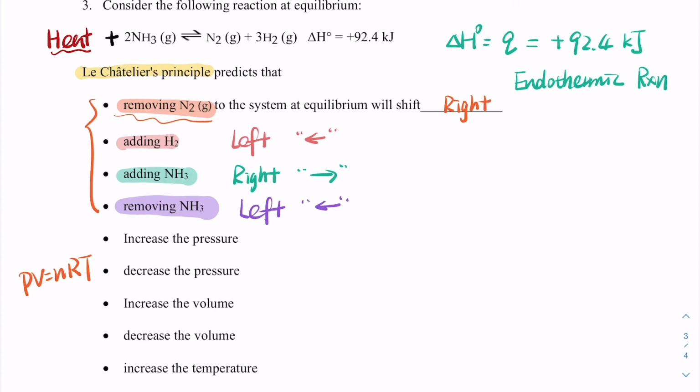So the pressure is related to volume. The relationship between the pressure and volume is inversely proportional. That means when one increases, the other one will decrease. So if you increase the pressure, the volume will decrease.